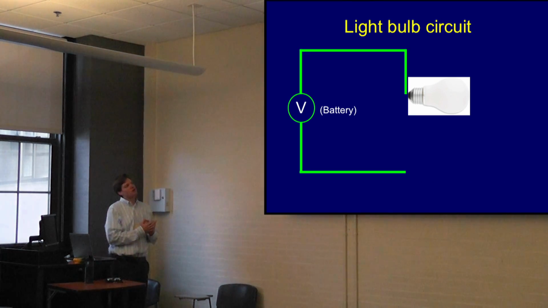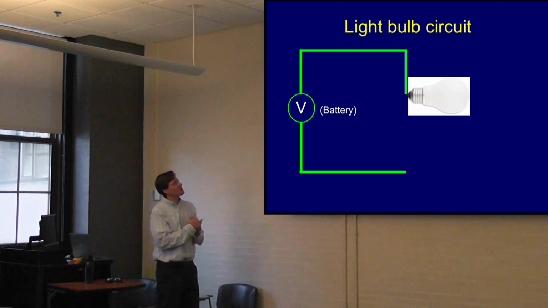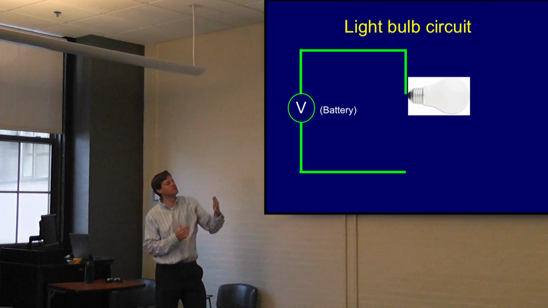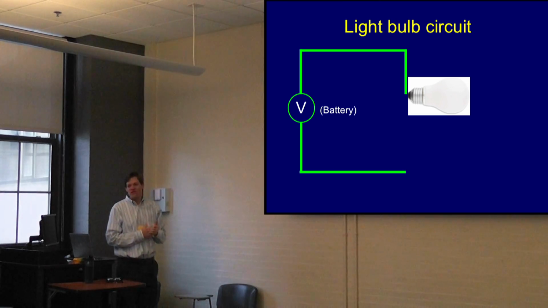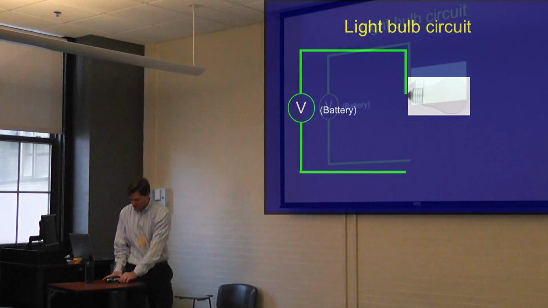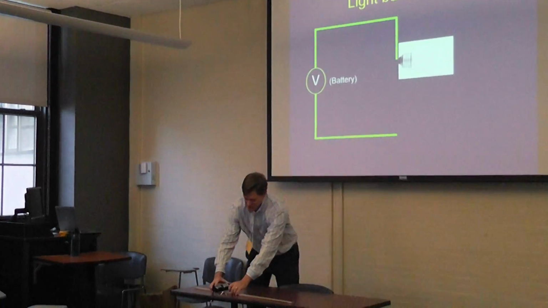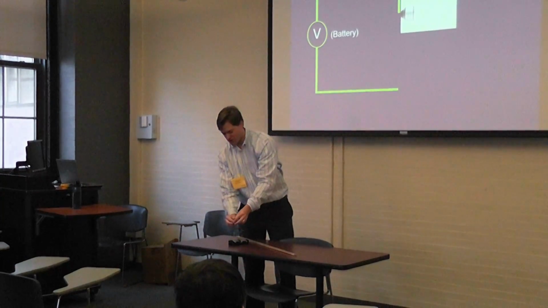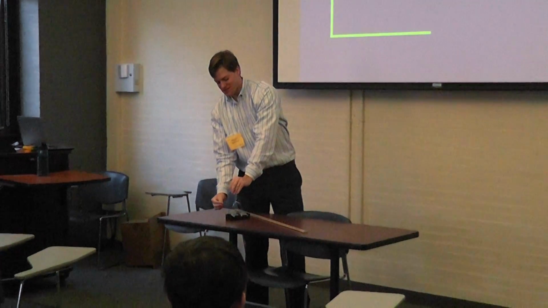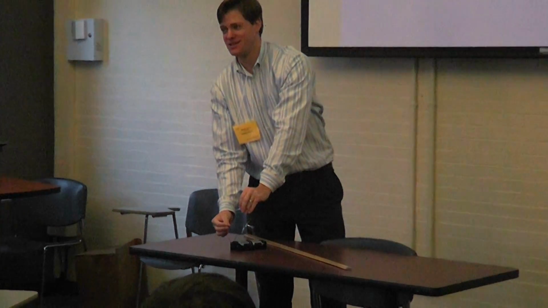So, to draw another analogy: I have a battery and a light bulb. Here's a series of batteries, and I have a light bulb. If I want this to light, what do I have to do? I have to connect it.